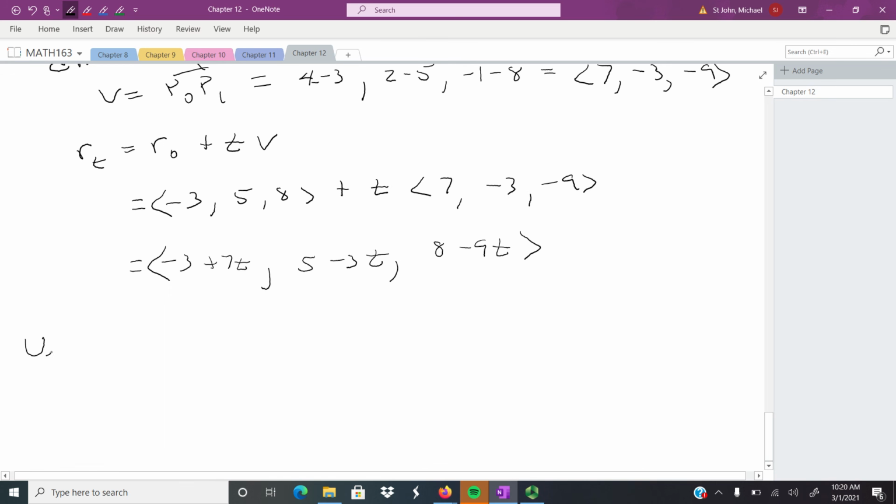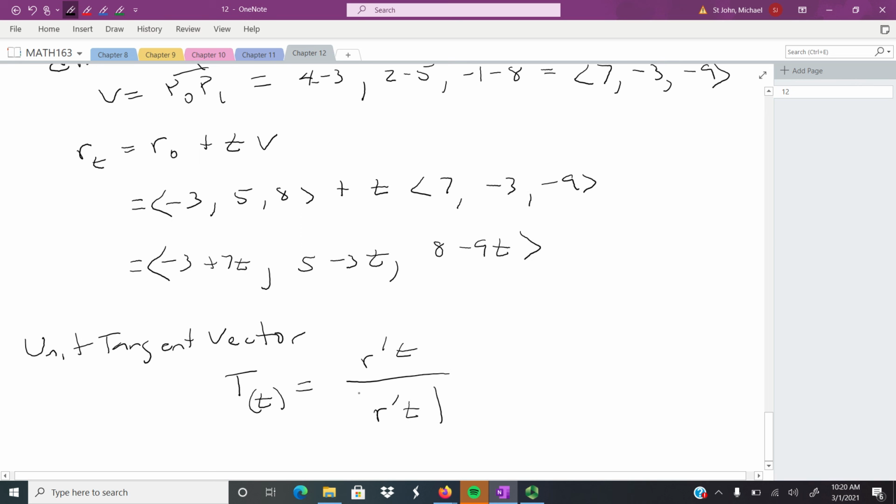Then we can find the unit tangent vector, which is given by the derivative over the magnitude of the derivative.